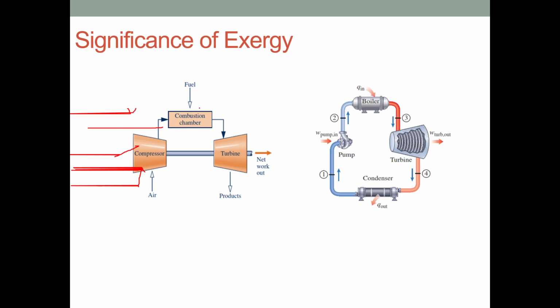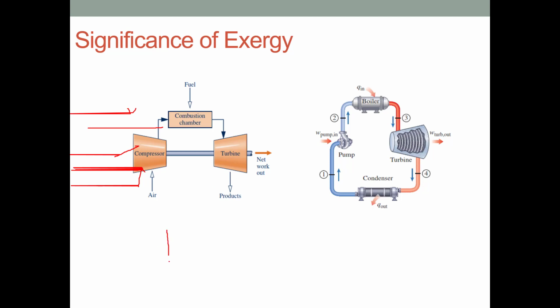So again we will see how much exergy is destroyed in the combustion chamber. The same we will apply on the gas turbine: how much is the input exergy, how much is the leaving exergy, and how much is the difference. Because of the difference, there is exergy destruction within the gas turbine.